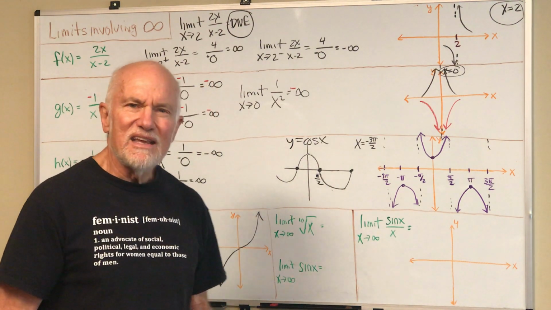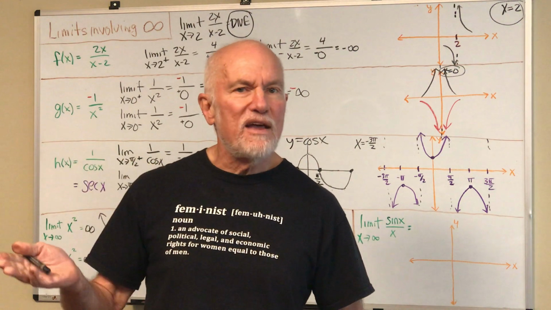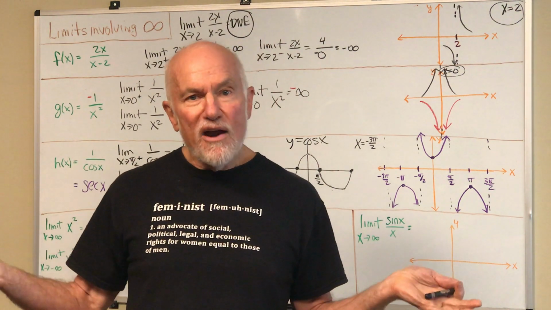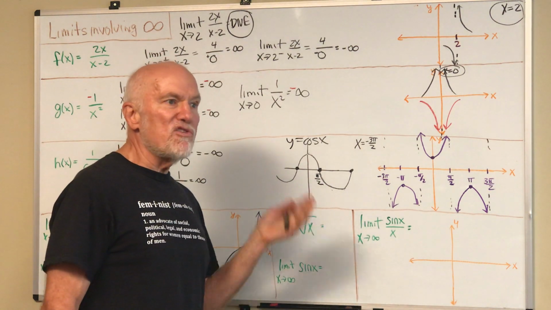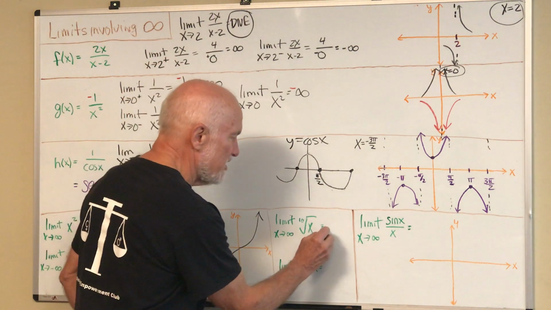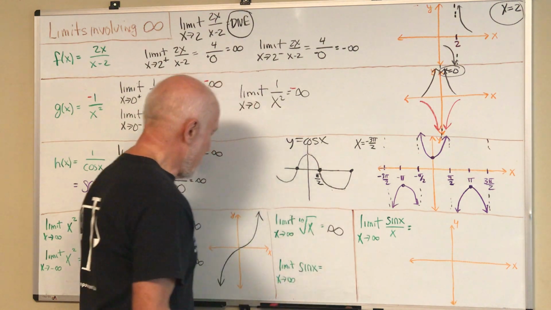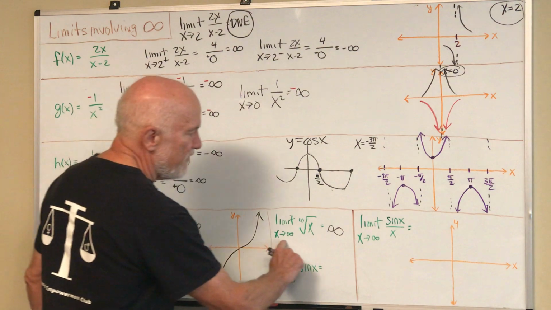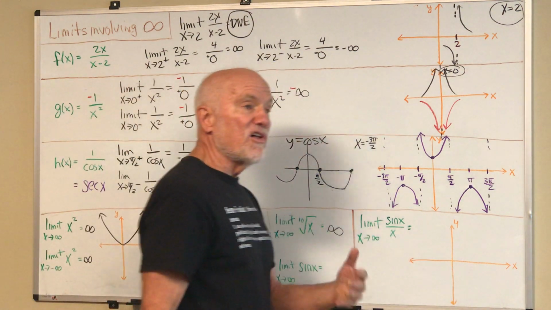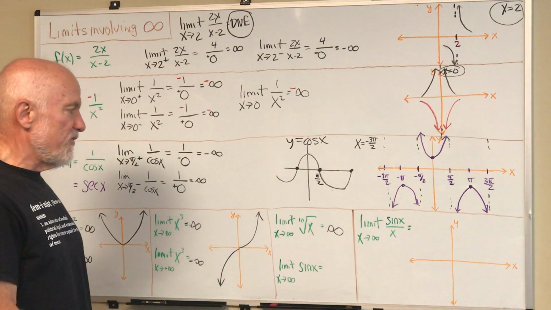So you see, at first you're thinking it's not going to grow that large. But remember, you can make x as big as you want. So even this function, it's not going to approach infinity like this. It's going to approach it very, very slowly. But still, the answer is going to be infinite.